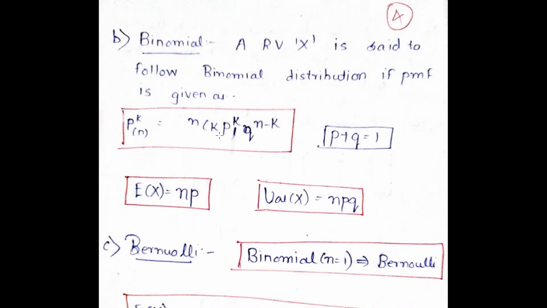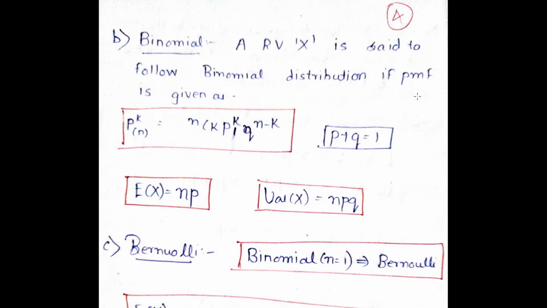When I talk about the binomial distribution, there is a random variable x, and this random variable x follows the binomial distribution as nCk, p raised to k and q raised to n minus k. I repeat myself: a random variable x is said to be binomially distributed if the PMF, that is the probability mass function, I have taught all these concepts in the earlier class.